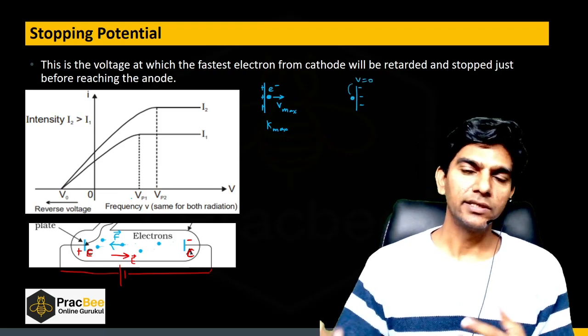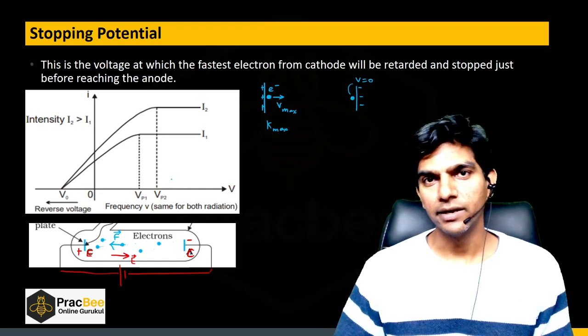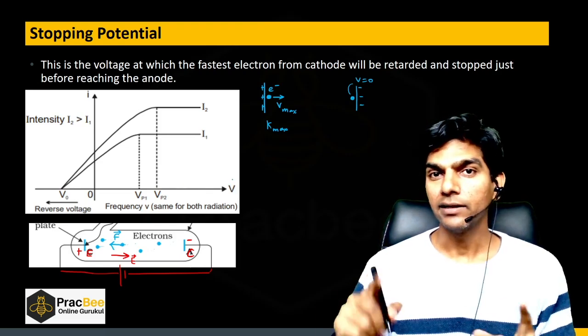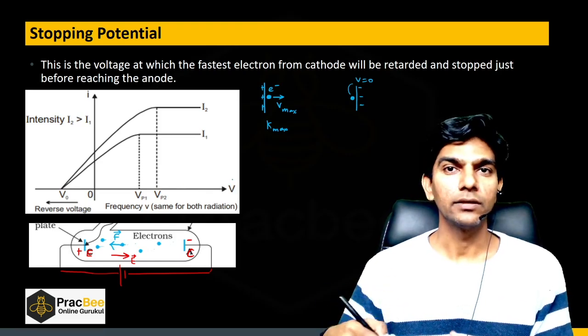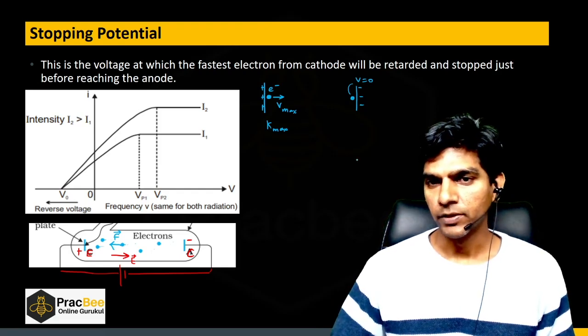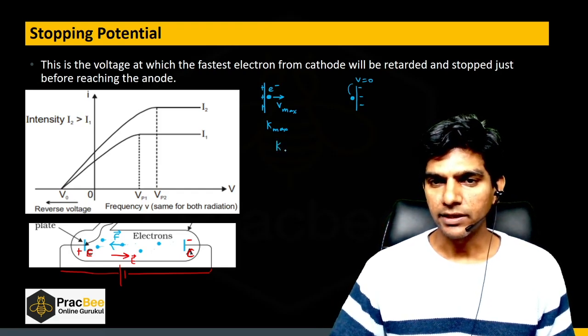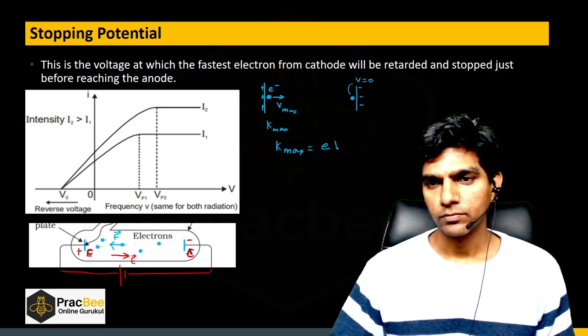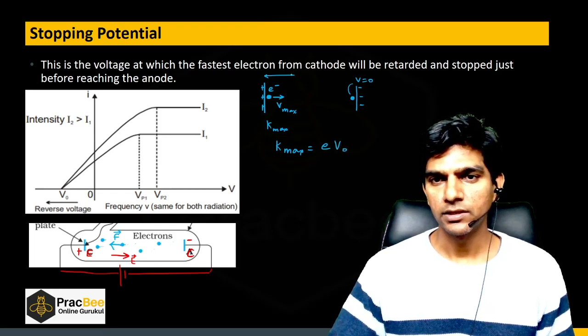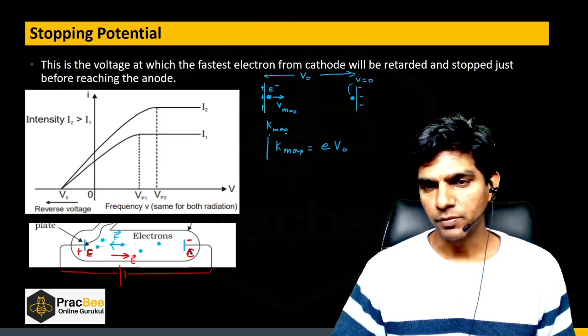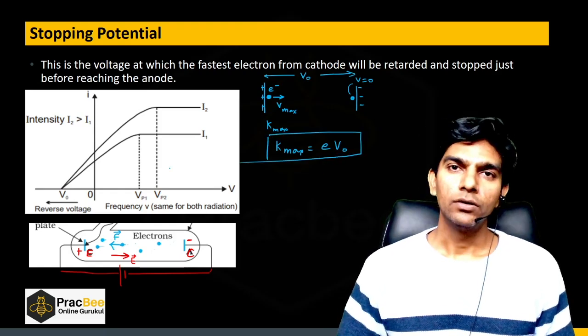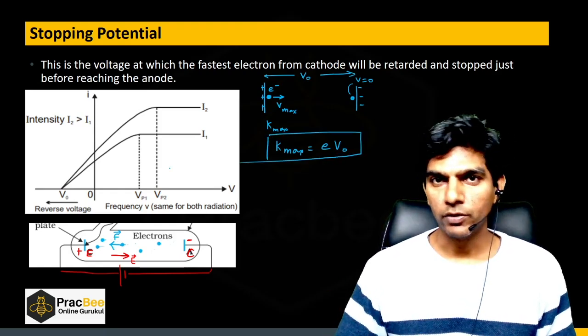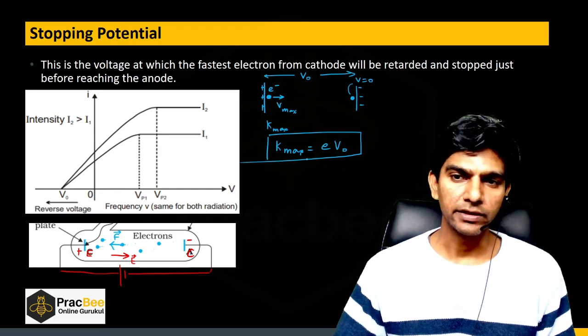So can you see there is a decrease in kinetic energy, and that kinetic energy has gone into increasing the electrostatic potential energy. So we can say this Kmax is nothing but e times the potential difference. So let us say the potential difference is V naught. The maximum kinetic energy of the most loosely bound electron will be e V naught. So we can write it like this.